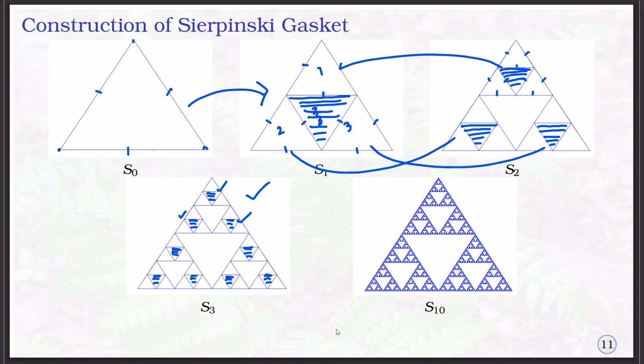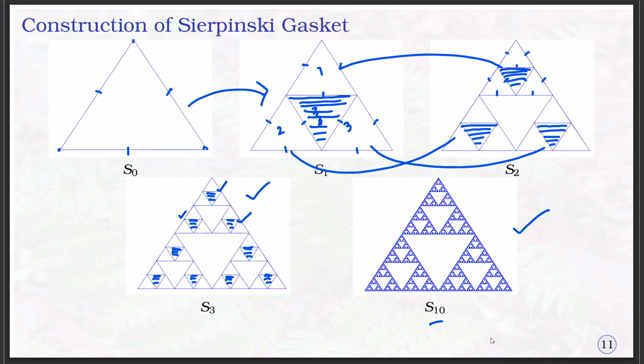After the 10th iteration, one can get this type of Sierpinski triangle. Now, if we continue this process an infinite number of times, then that final triangle we can call the Sierpinski triangle.